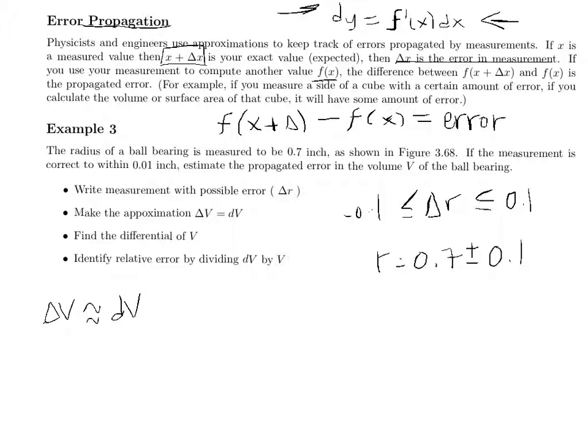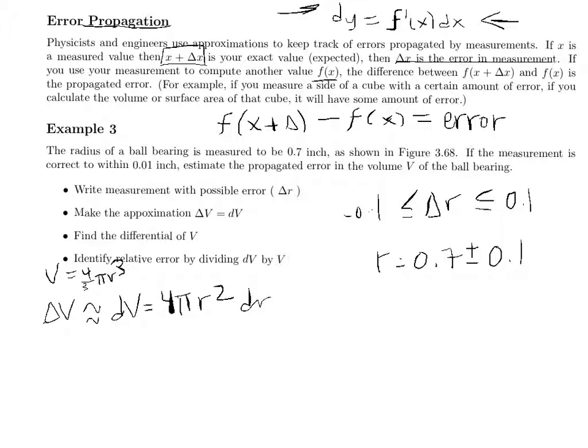So our dV is going to be approximately equal to the derivative of the volume times dr. Well, what's the volume of a sphere? 4/3 pi r cubed. So dV is going to be the derivative of that, so 4 pi r squared times dr.